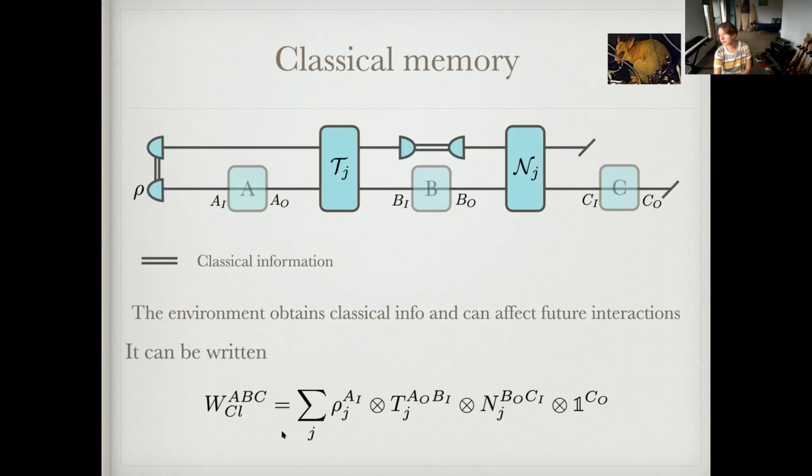Christina: Yes. How do I understand what role the memory plays? Is the memory something that is just able to condition the input state of the future environment, or can it also affect the nature of the interaction between the environment and the system? So can N_j also depend on this classical information? Yes, that's true.